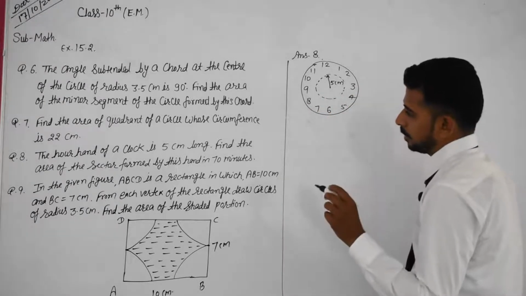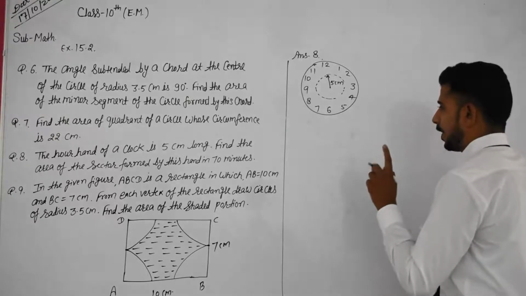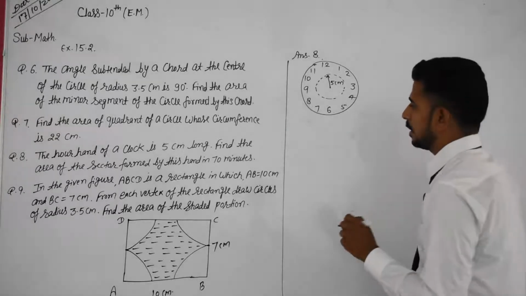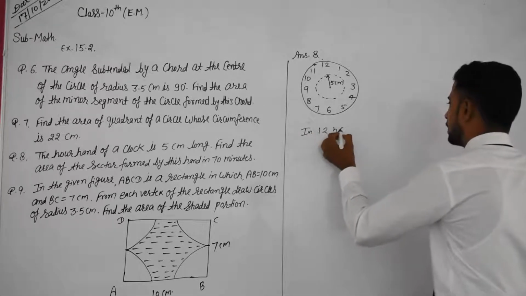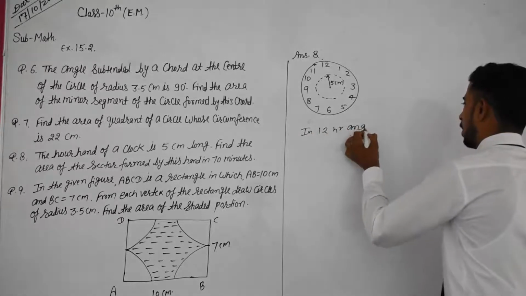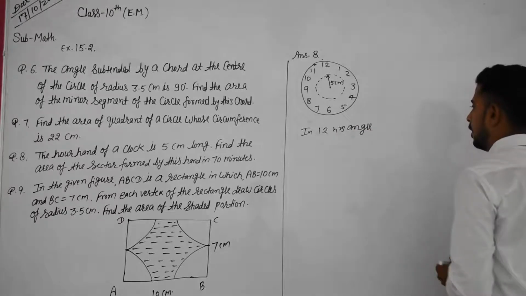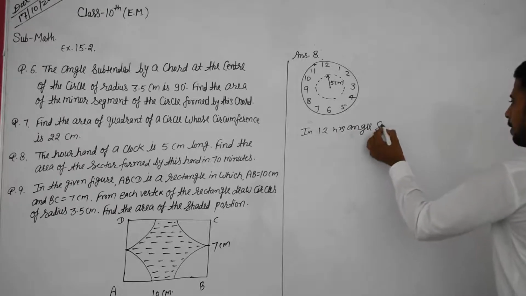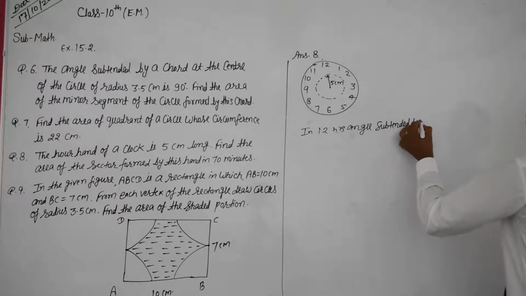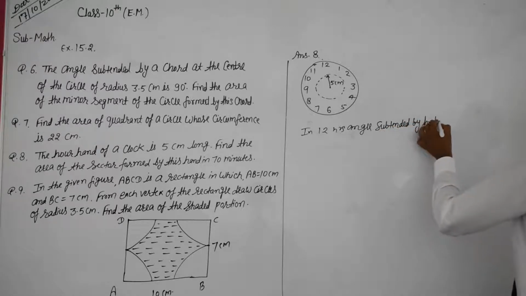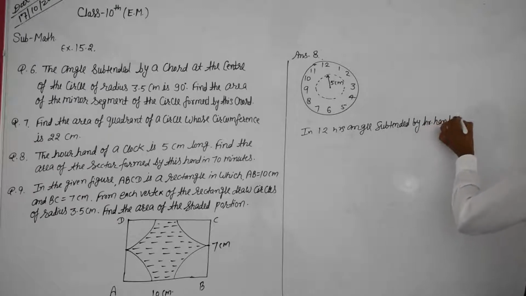This hour hand completes one round in 12 hours. It means in 12 hours, the angle subtended by our hand is equal to 360 degree.